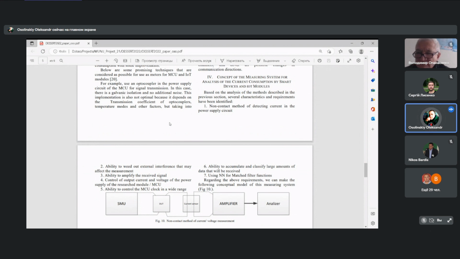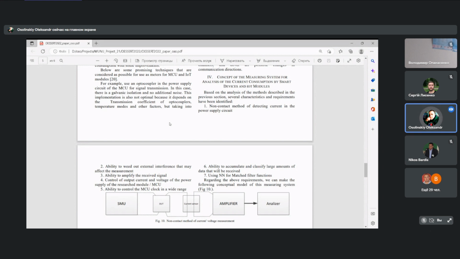In this system there must be a source measurement unit and a non-contact current sensor.